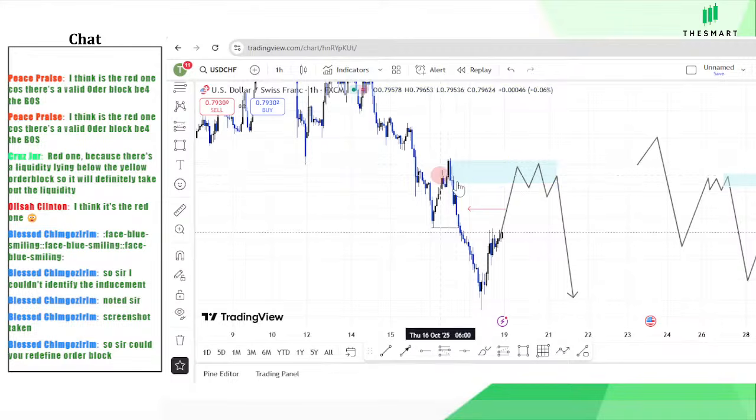Not just having some orders left here, a lot of market participants seeing this reaction from this point, a lot of retail traders and even institutional traders, will come to place their orders here, waiting for the market to come back.